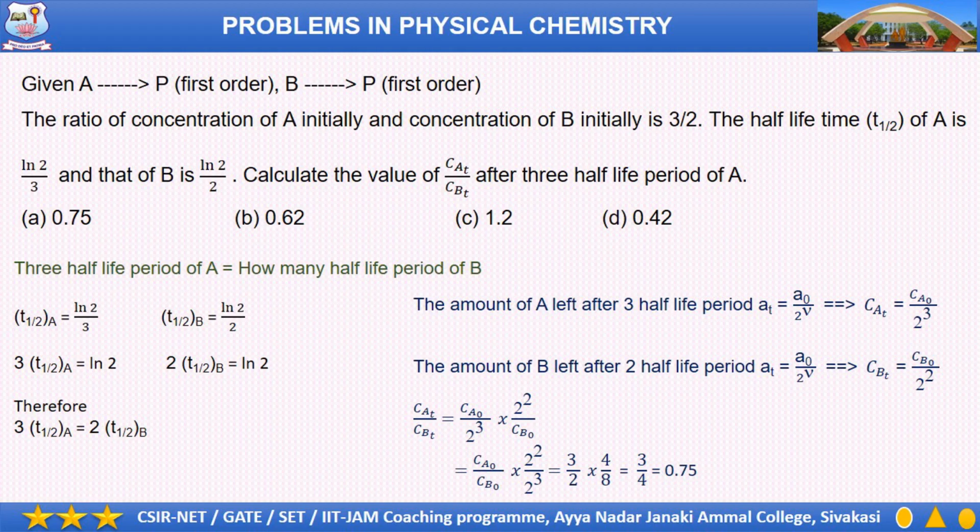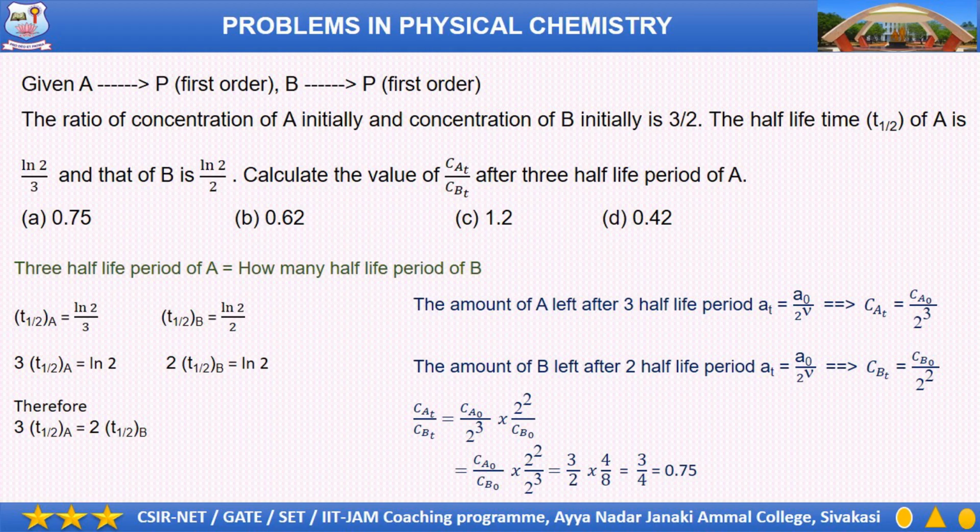Calculate the value of the concentration of A at time T by the concentration of B at time T after 3 half-lives of A. Option A is 0.75, B is 0.62, C is 1.2, D is 0.42. What is the correct answer?